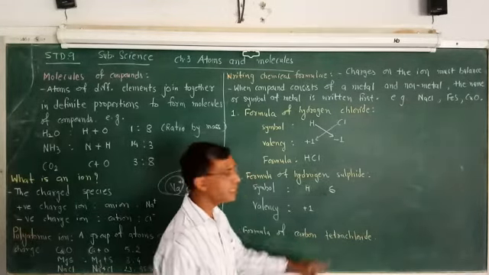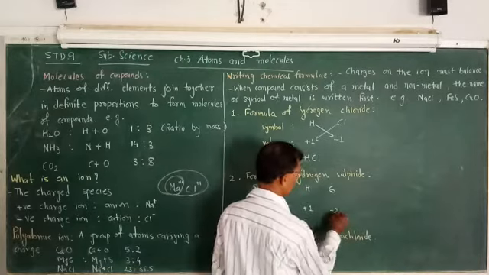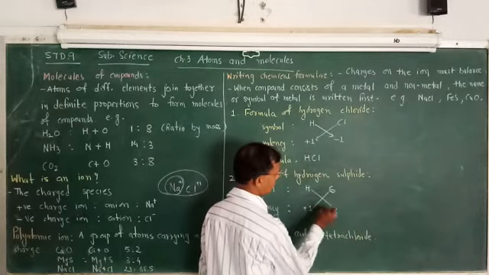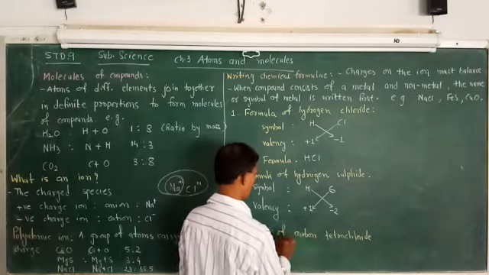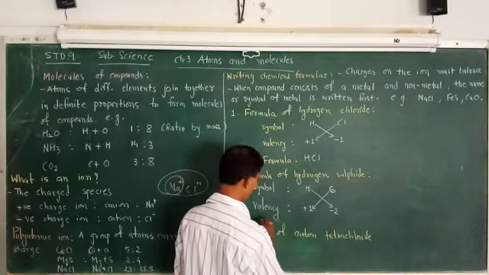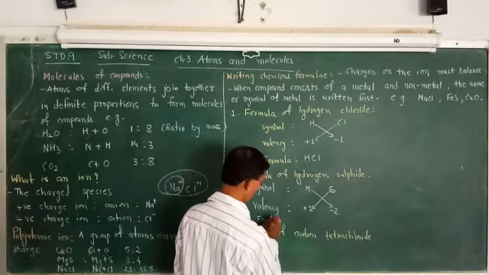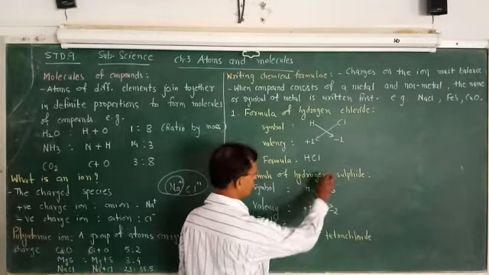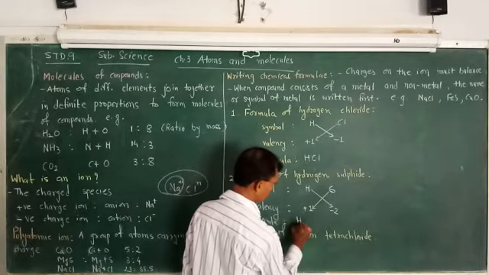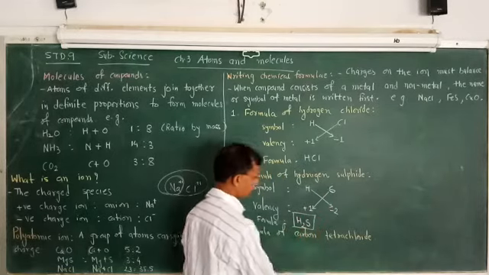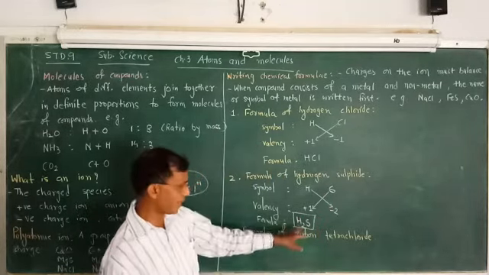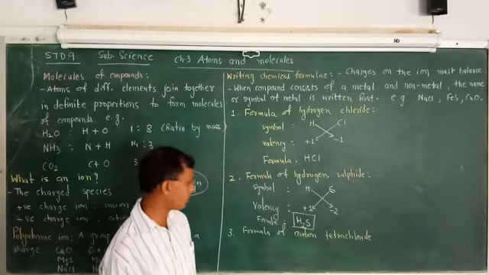The valency of sulfur is -2. Cross multiply. So the formula of hydrogen sulfide is H2S.